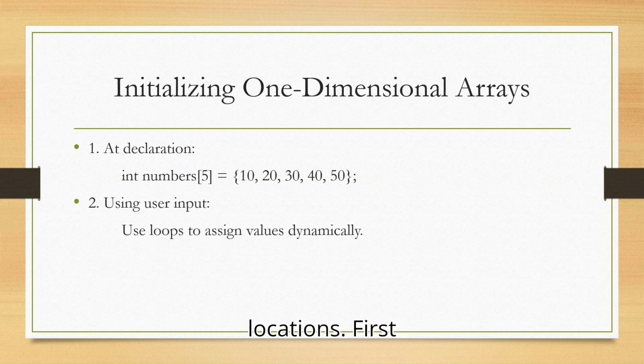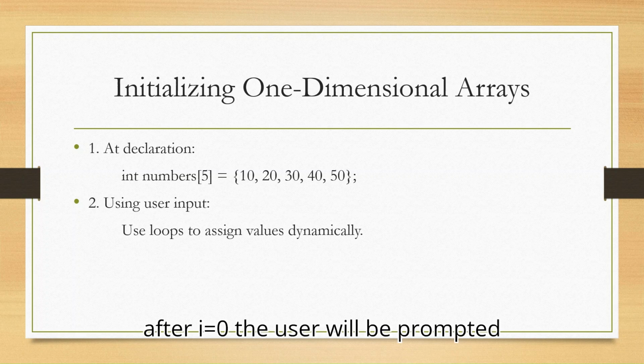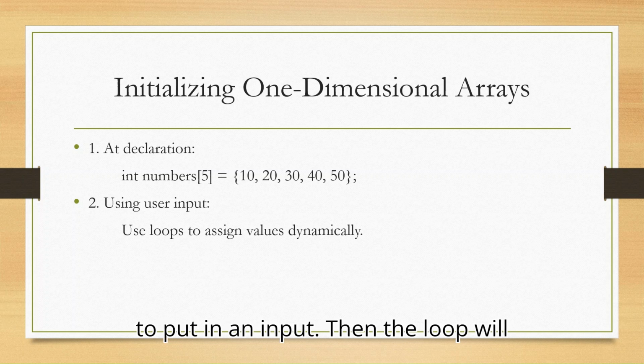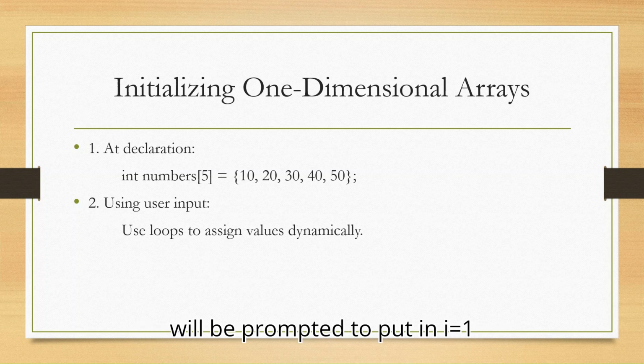The loop might start at i equal to 0, and each time the value of i iterates, after i equals 0 the user will be prompted to put in an input. Then the loop will iterate again with i plus plus, and the user will be prompted to put in the input for i equals 1, and similarly in that way.